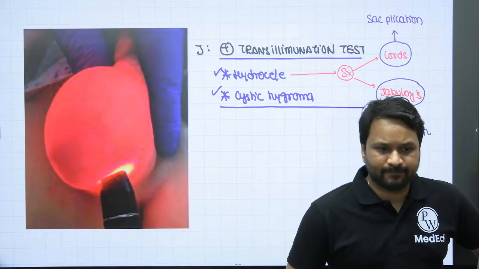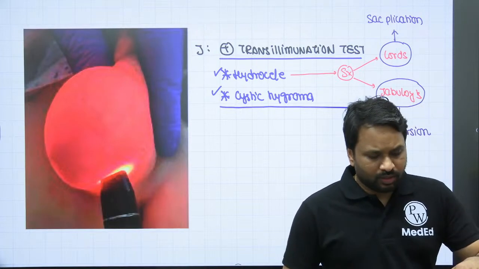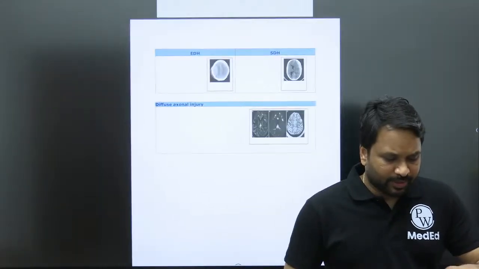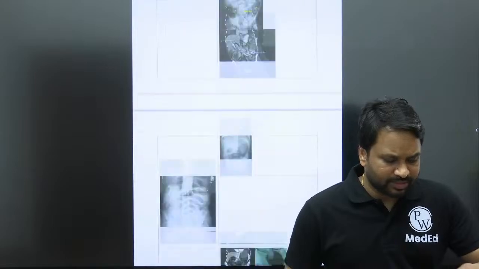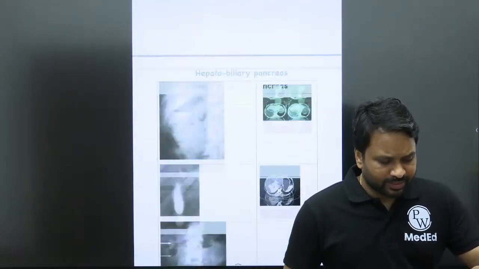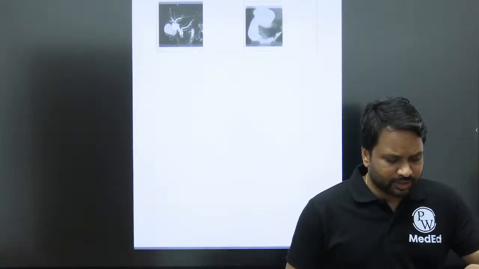Okay? So we'll start with the systemic part now. There are a lot of images in the systemic part. Let's do it this way. We'll take a short break here for 10 minutes and then we'll resume with the systemic part.